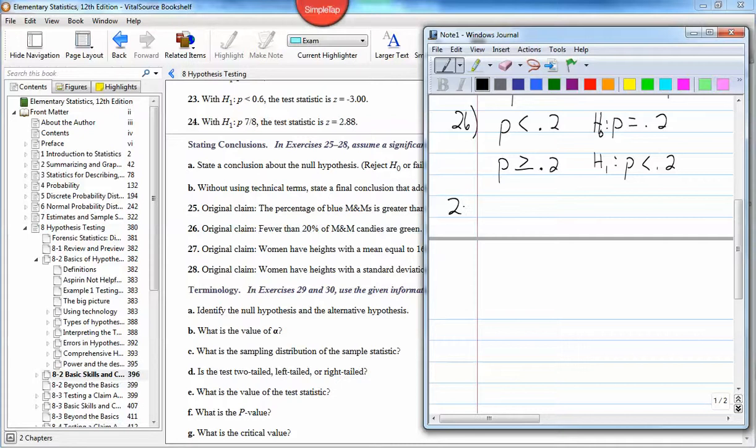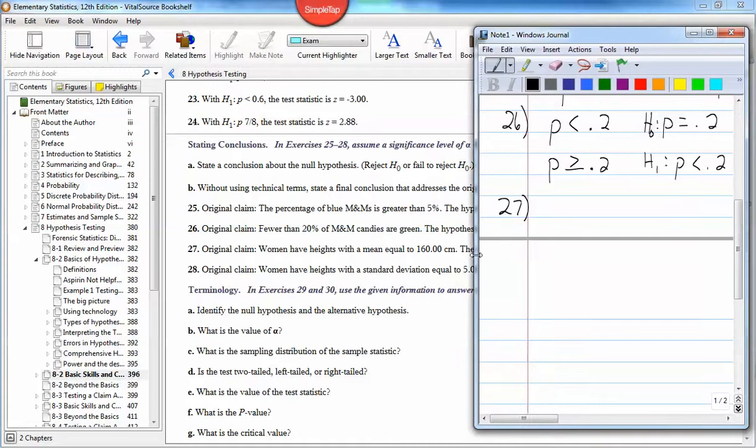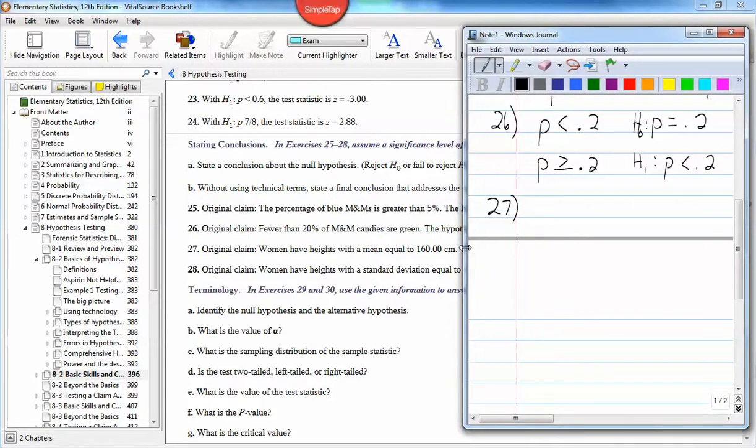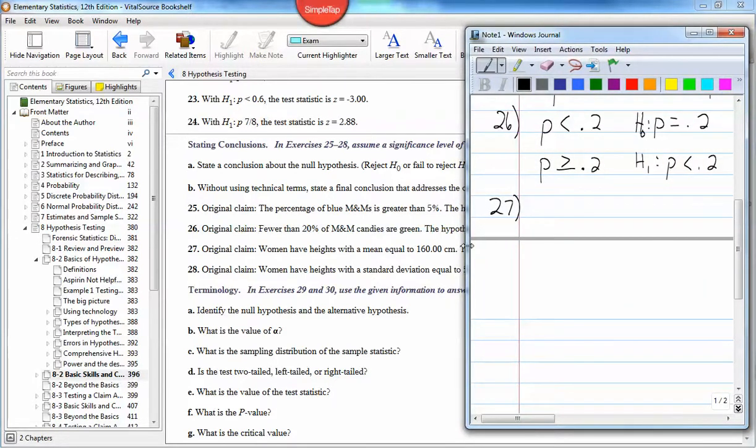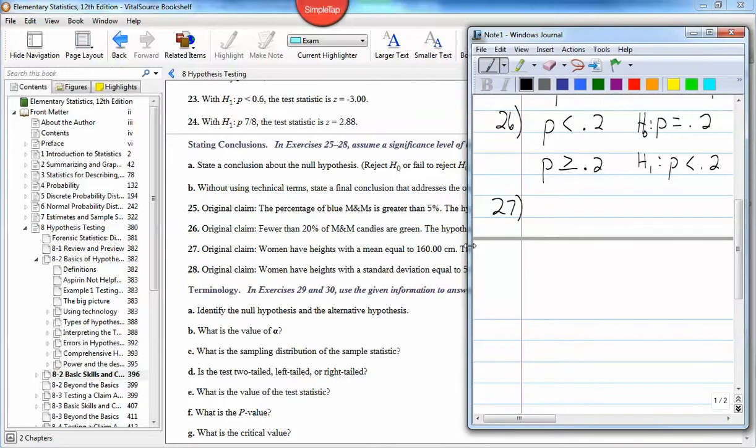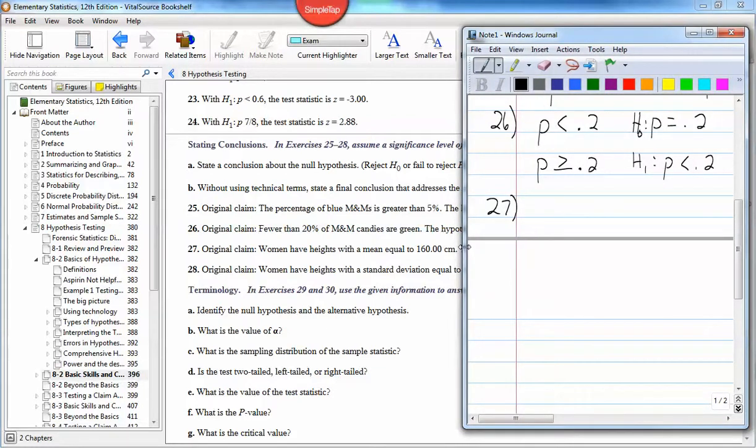All right, let's look at number 27. The original claim: women have heights with a mean equal to 160 centimeters. Again, that's a mean. So how would I write that down? You'd say mean mu equals 160.